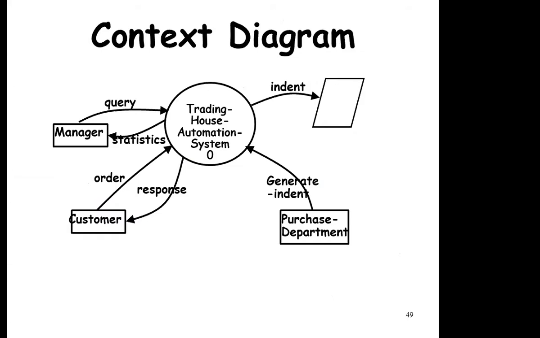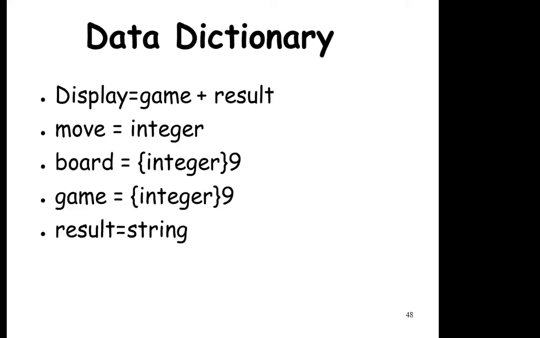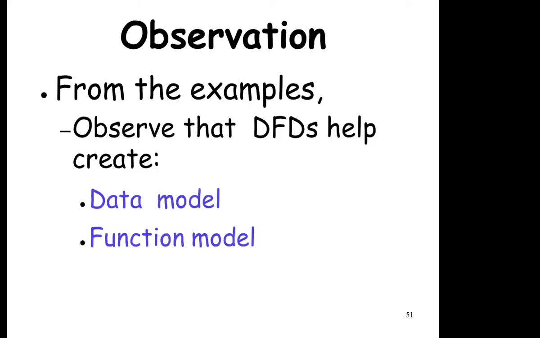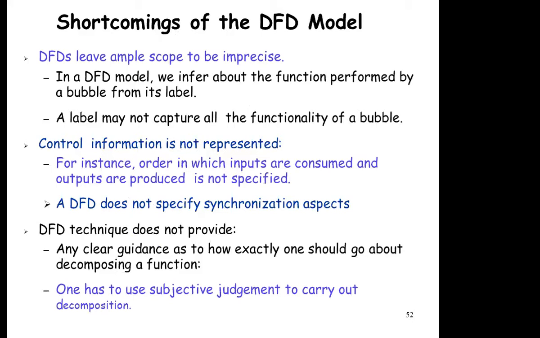You cannot imagine in real. You only see the label, what is written on the function, and we go about it through that label only. So it is sometimes difficult to see all the functions, because we cannot name all the functions. A label may not capture all the functionality of the bubble. If we want to capture all the functionality of the bubble, the name of the bubble will be very vast.